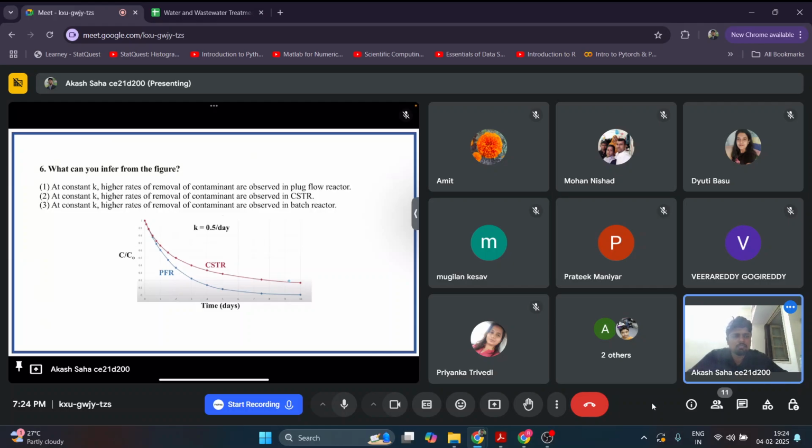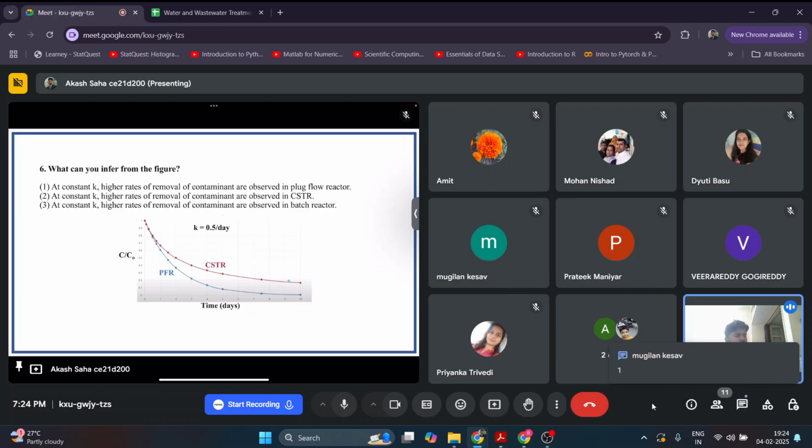You can consider a particular time, maybe at the stage of 5 days. At 5 days, is the concentration in the CSTR more or the concentration in the PFR more? By judging that, you can say which one has the higher removal rate. You can see it directly.